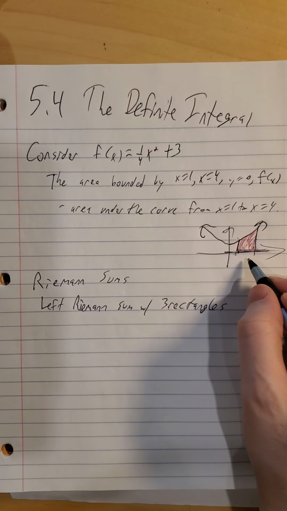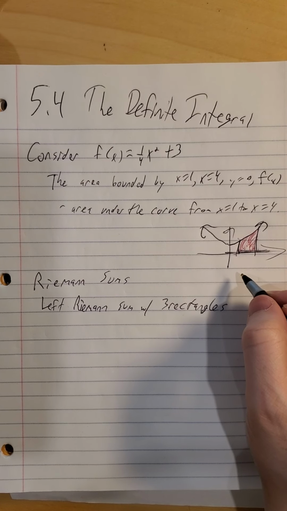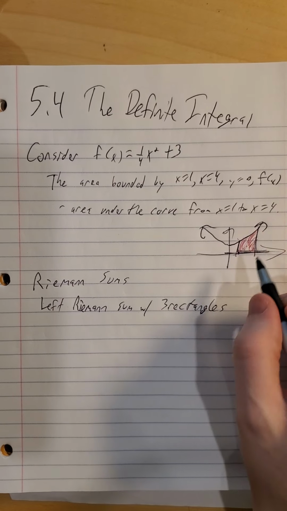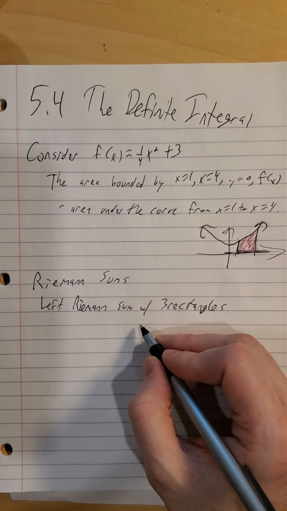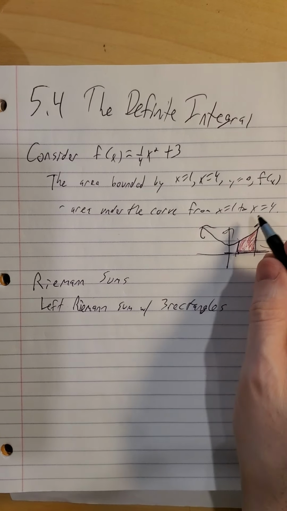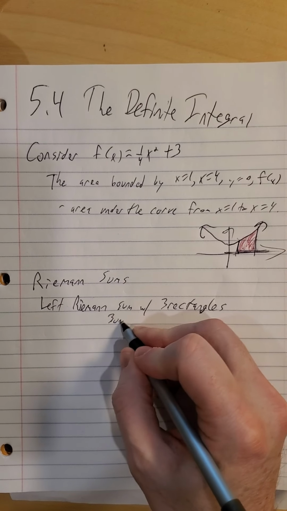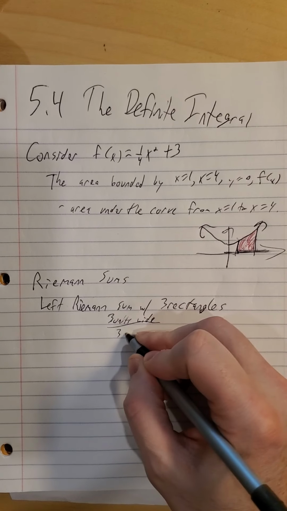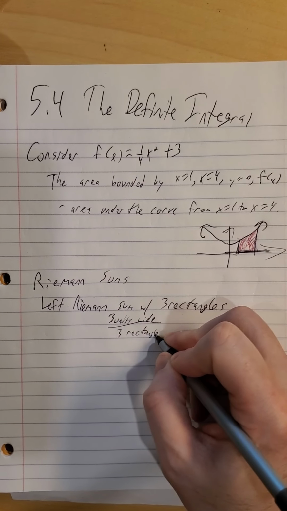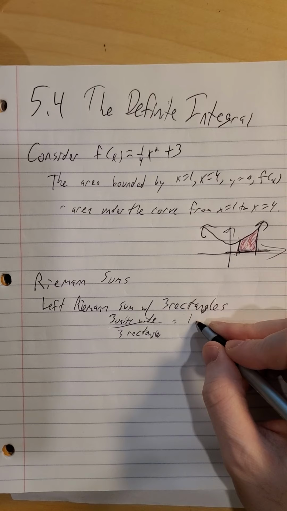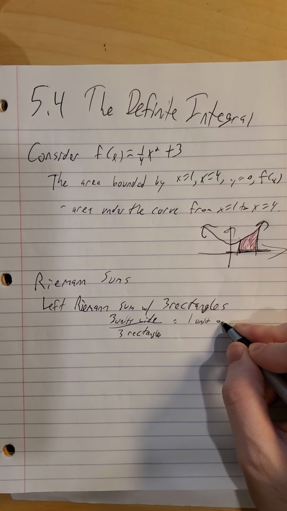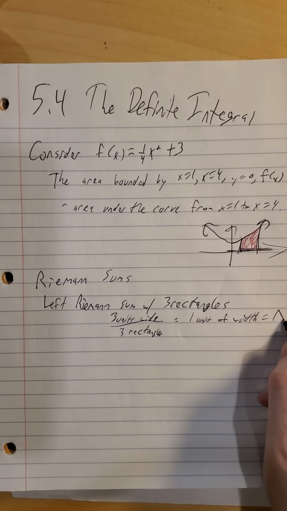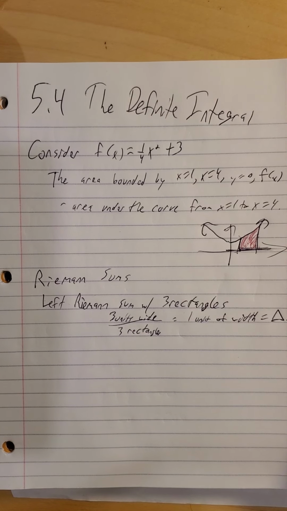So the rectangles are going to be of equal width, and I have an interval that's 3 wide, so 3 rectangles split between 3 units. So 1 unit of width, that is our delta x.